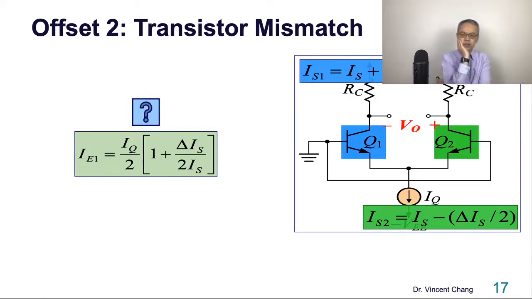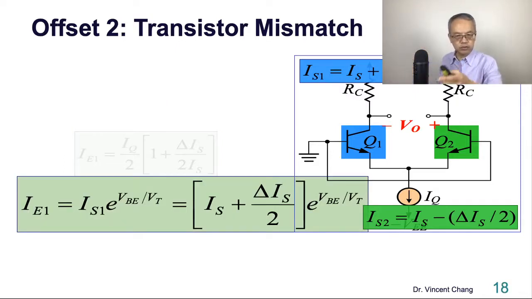But you might be wondering, Vincent, why is this? Where is the 2? I can understand IQ over 2, but why is there another 2 in delta IS over 2IS? If you have doubts about this equation, let me step back to the original.